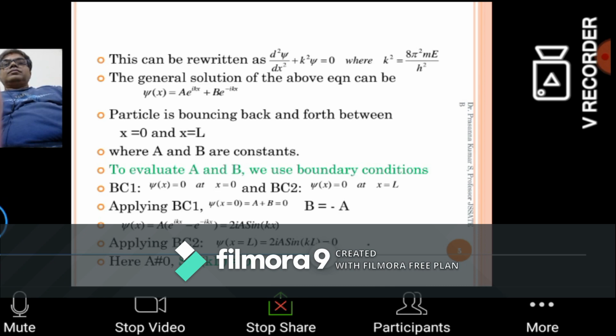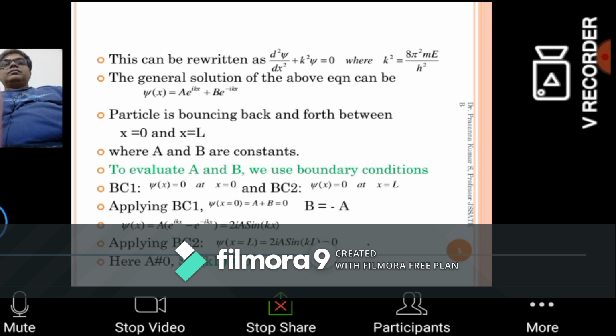Now e to the power of 0 is 1, you know that. So at x equal to 0 it becomes a plus b, because e to the power ik dot 0 and e to the power minus ik dot 0 are both 1. Therefore, a plus b is equal to 0. Now we get the constant b is equal to minus a, or a becomes minus b. Both have the same value, but opposite in sign.